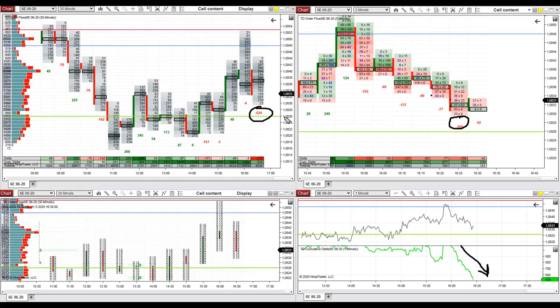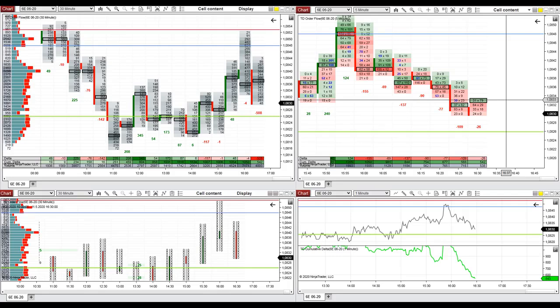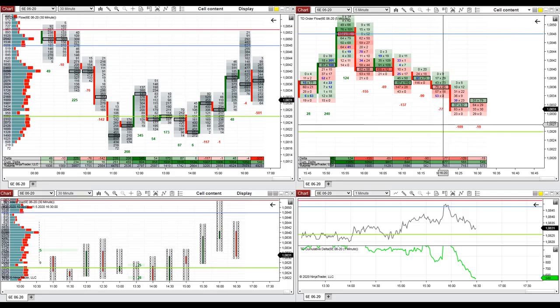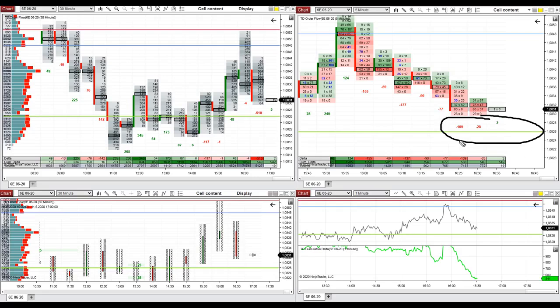Really negative. And this is the take profit. And maybe we start seeing buyers jumping in around this place, which would be a signal to quit the trade.